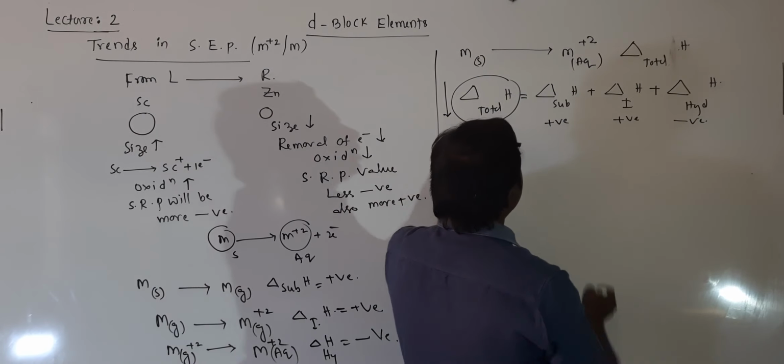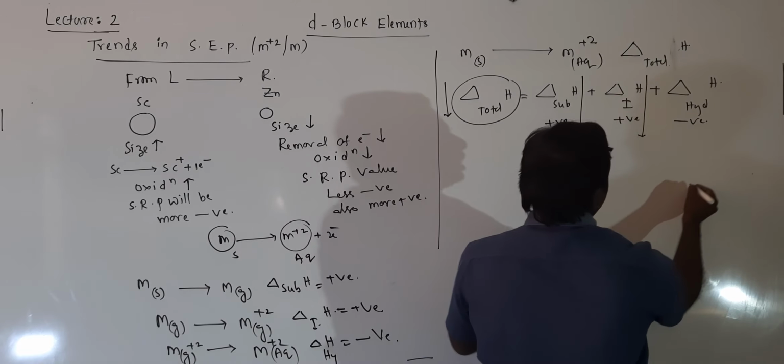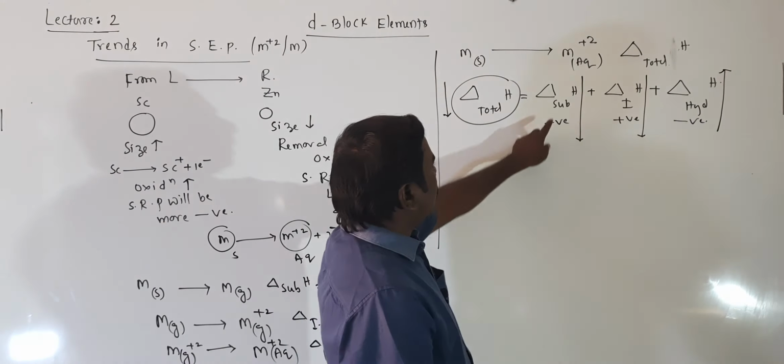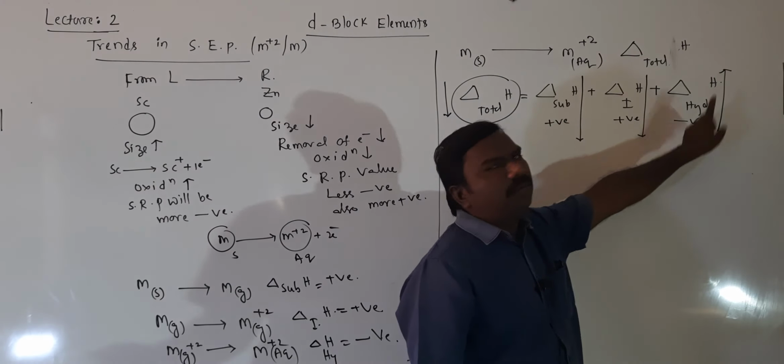To decrease this, the positive values decrease and the hydration value increases in magnitude. Very, very important. Sublimation requires less energy, ionization also less, and hydration more.